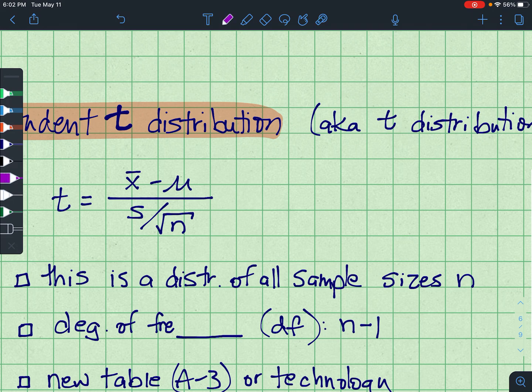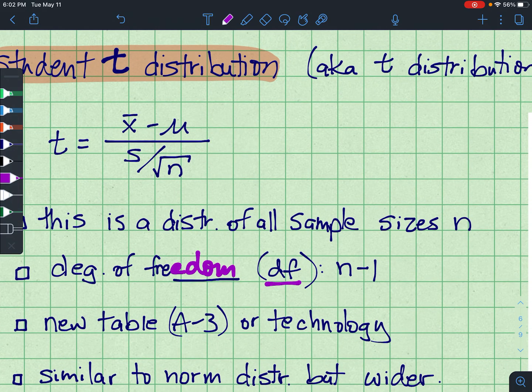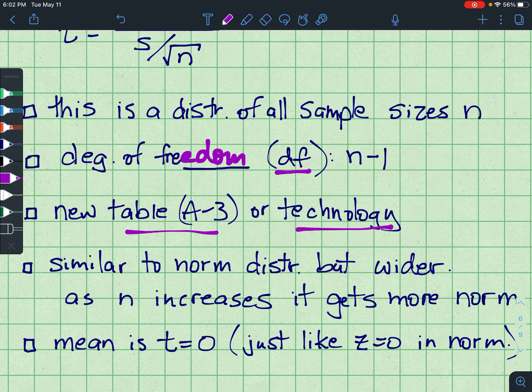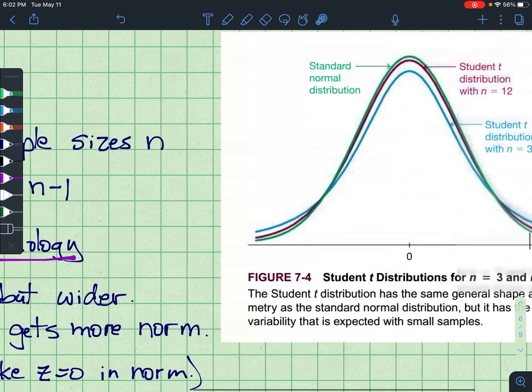Again, the degrees of freedom, which we abbreviate df, is n minus 1. There's a new table, or you can use technology. It's similar to the normal distribution, but wider as n decreases. And as you can see, the mean is 0, t equals 0, just like z equals 0 in the normal distribution.